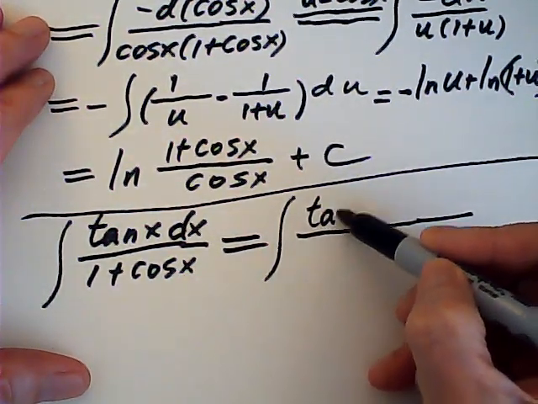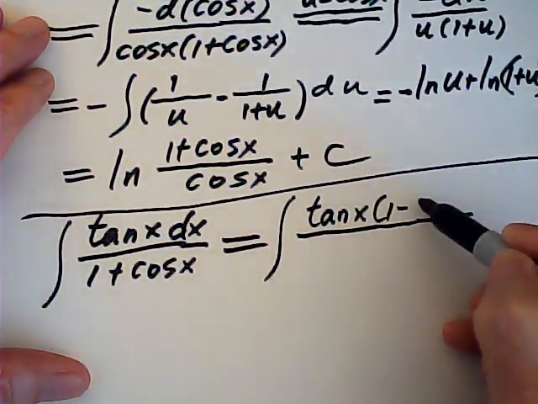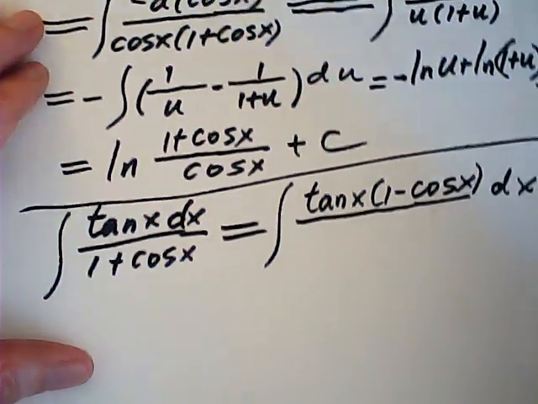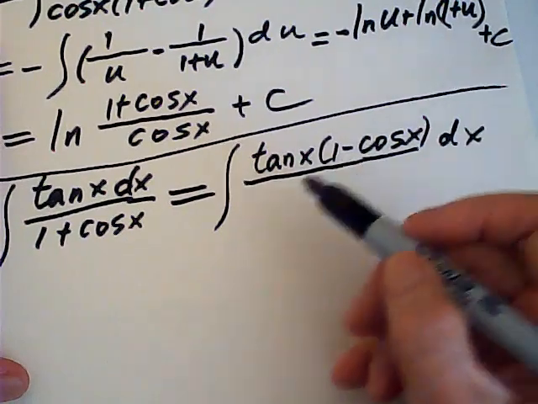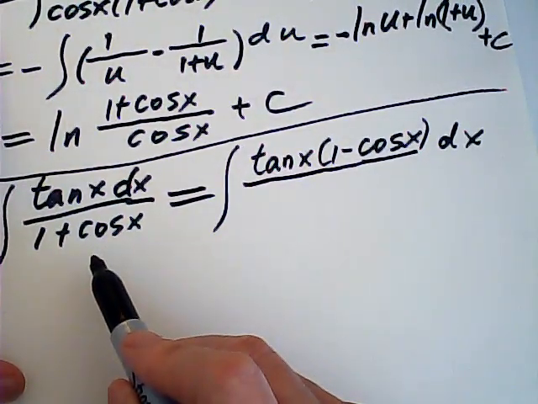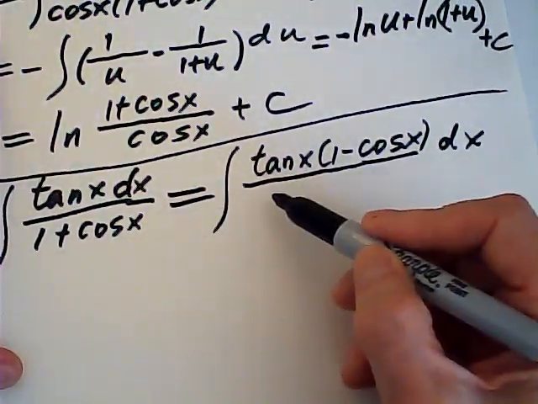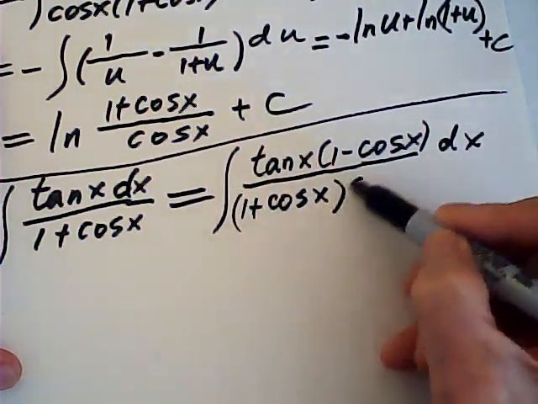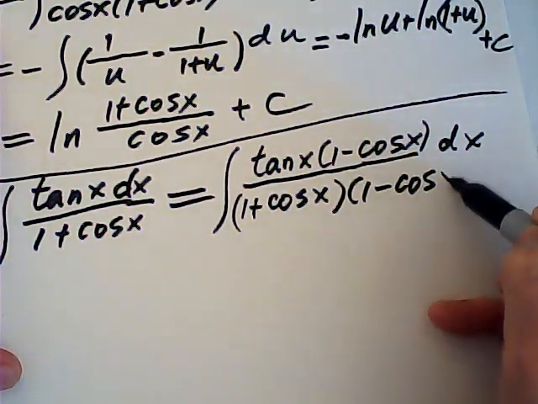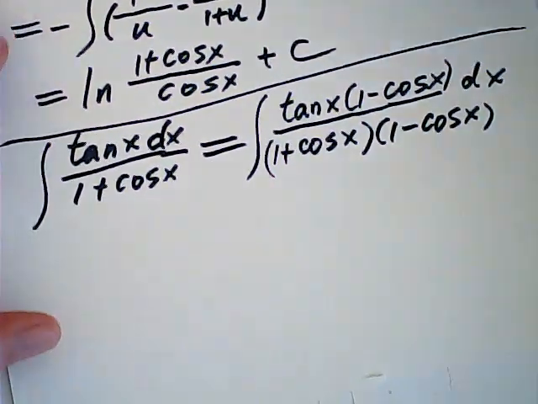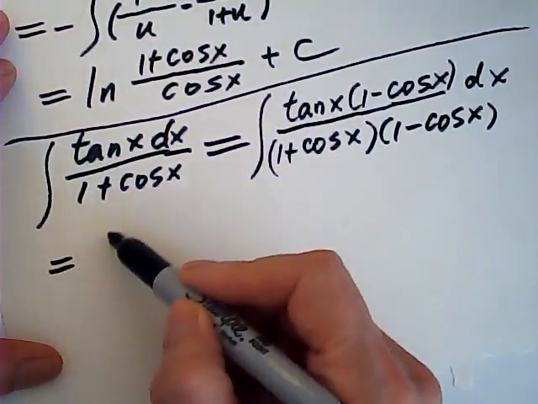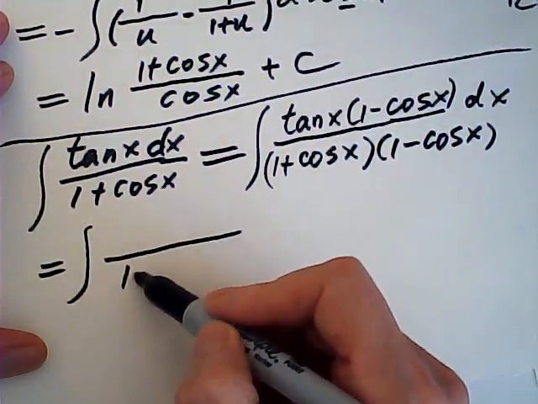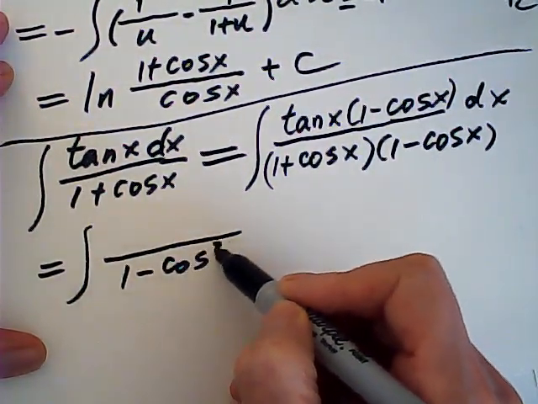So tangent x times 1 minus cosine x dx, and for the bottom we will want the same thing, right? 1 plus cosine x and 1 minus cosine x. And then the denominator is obviously 1 minus cosine squared.